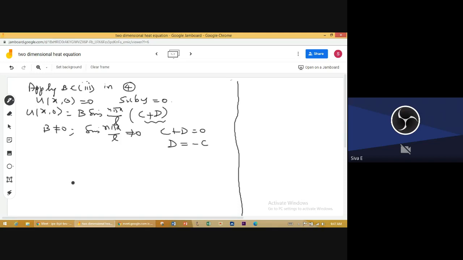Substituting d equal to minus c in 4, we get u of x comma y equal to b sin n pi x by l into c e power n pi y by l plus d, sorry, minus c, d equal to minus c.